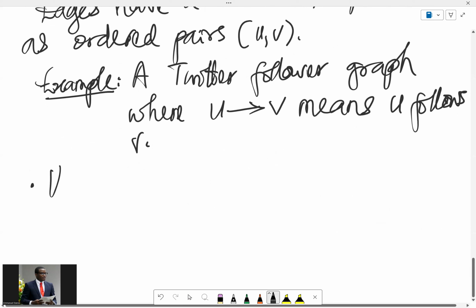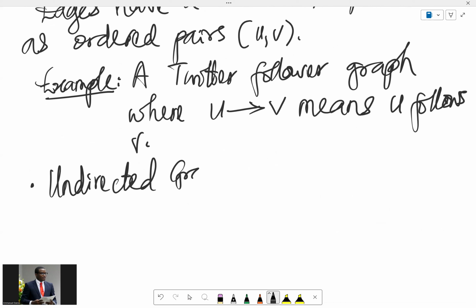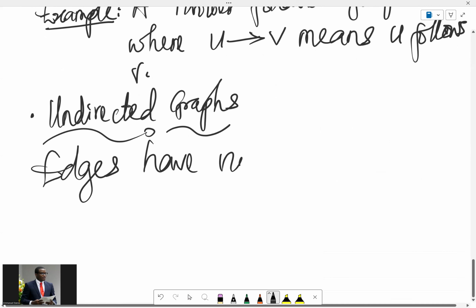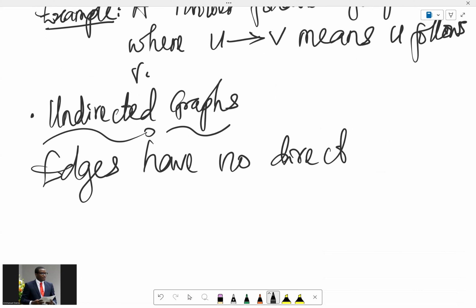And then we go to undirected graphs. Here, edges have no direction. Directed graphs are represented as ordered pairs, but these are represented as sets.